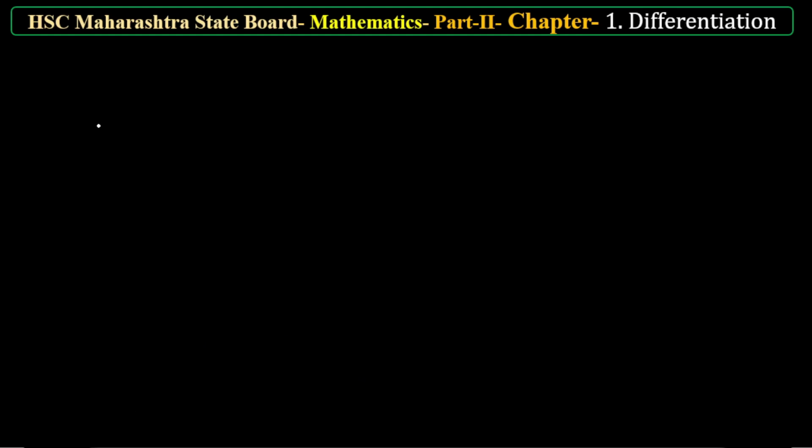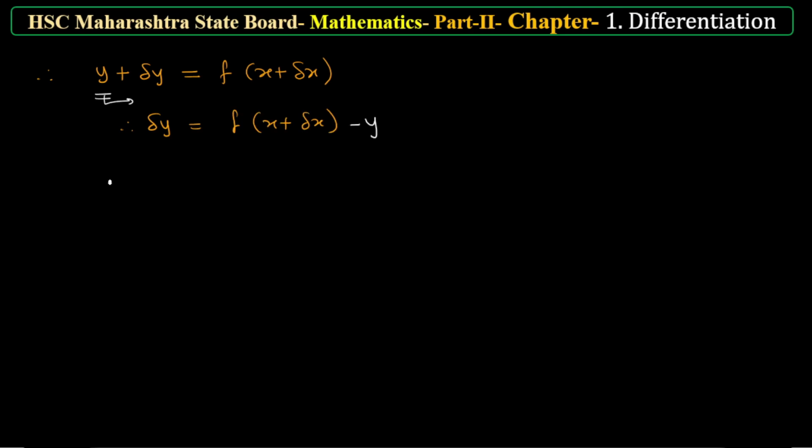Therefore, y plus delta y is equal to f of x plus delta x. Delta y is the small increment in y, delta x is the small increment in x. Now take y to the right hand side, that is minus y.